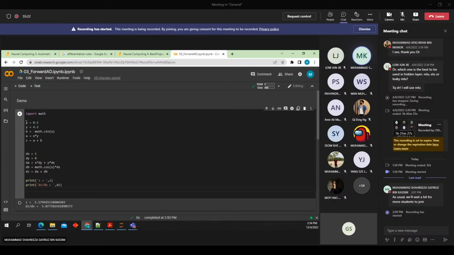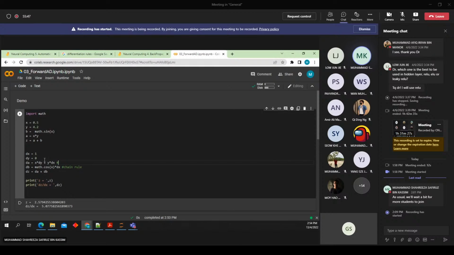You have some known values over here, and the idea is if you want to solve for dz over dx, right? Because you already know this is the chain rule.